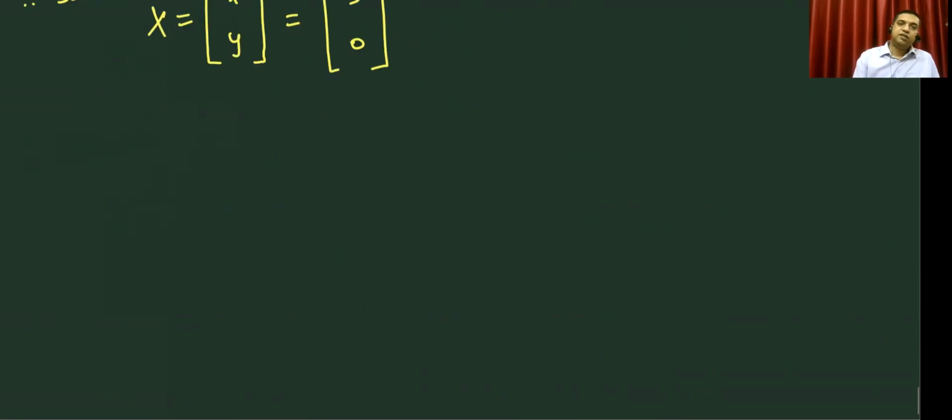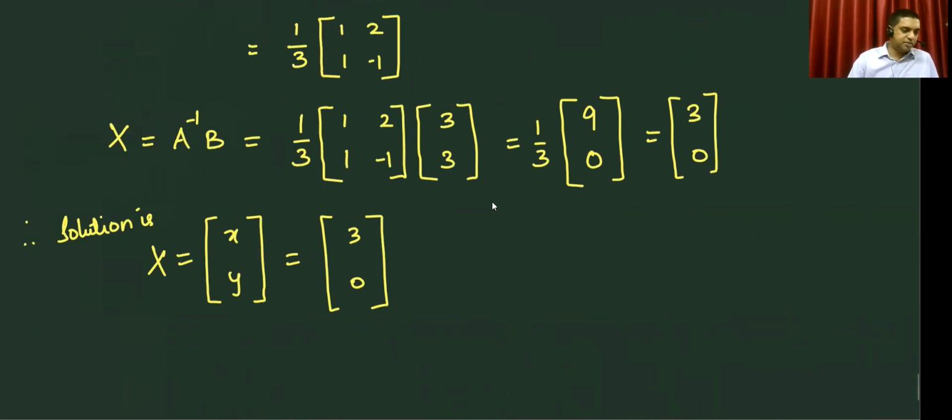Okay. Now let us do this. This problem was very simple. Now let us do a problem by matrix inversion and Cramer's rule, a 3 by 3 matrix. All right.